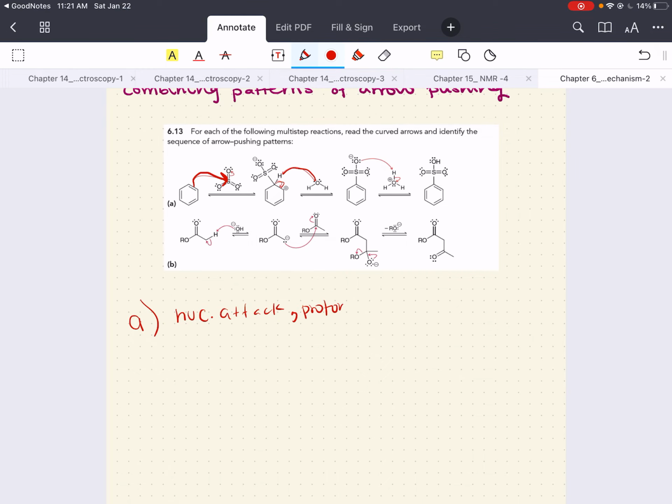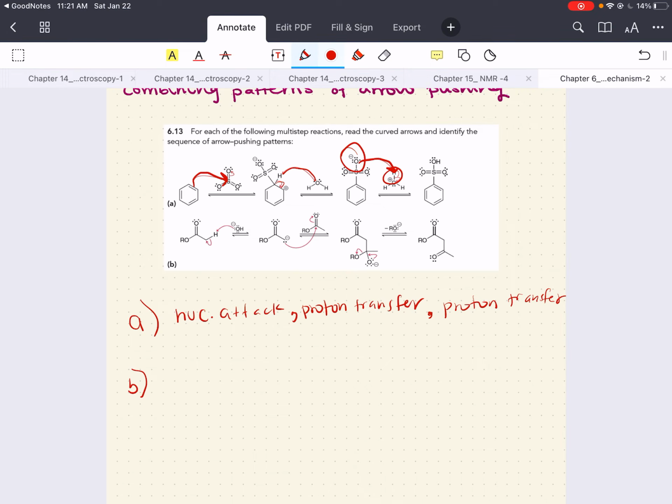And then lastly followed by a last proton transfer as this oxygen steals a hydrogen from something else. So the pattern for this multi-step reaction is nucleophilic attack, proton transfer, proton transfer.